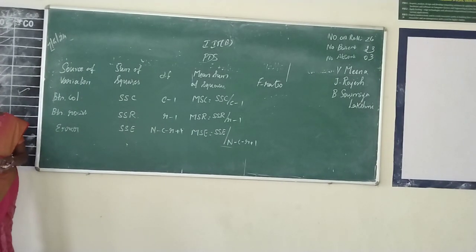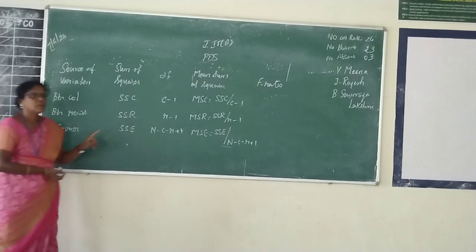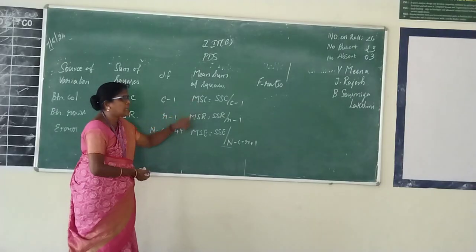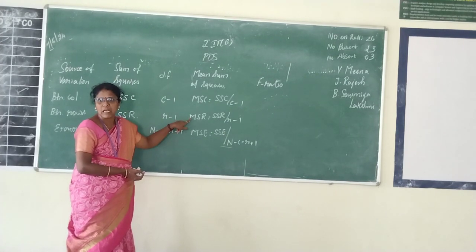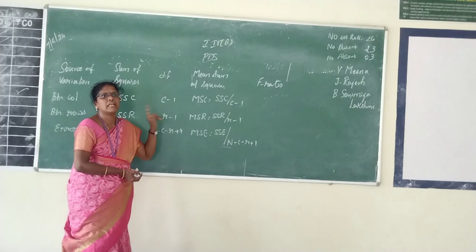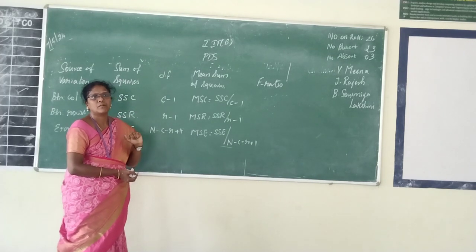Now we have to calculate two ratios, one for column and another for row. Always the ratio should be calculated by comparing only with the error value. To calculate for column, we compare MSC and MSE. To calculate for row, we compare MSR and MSE.